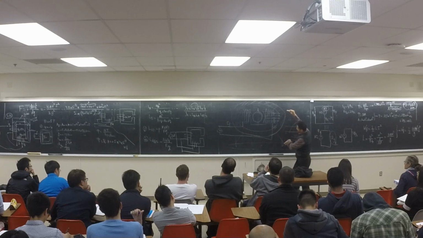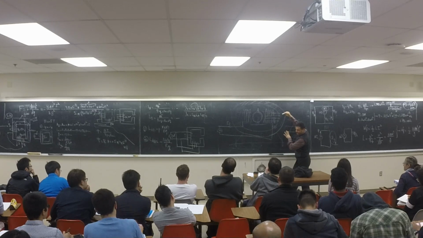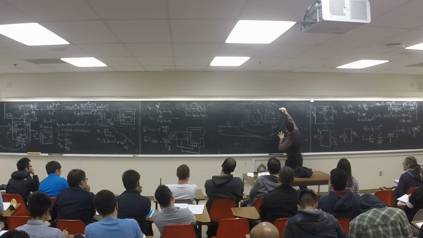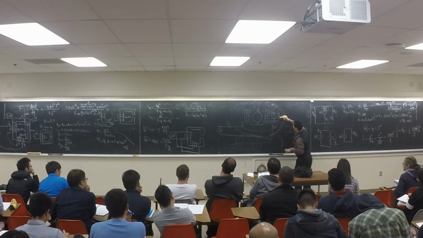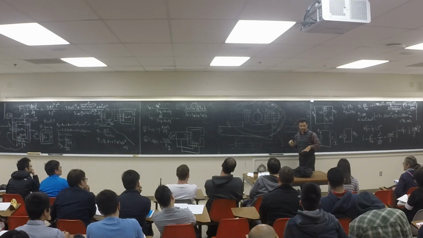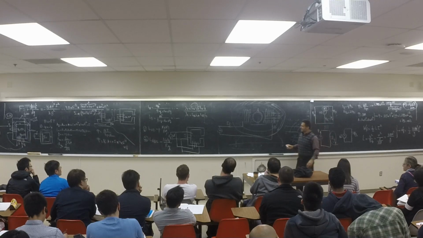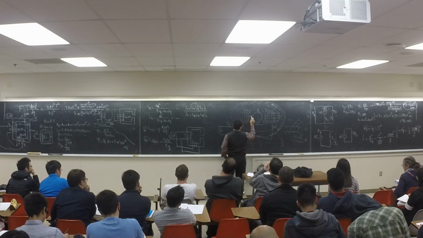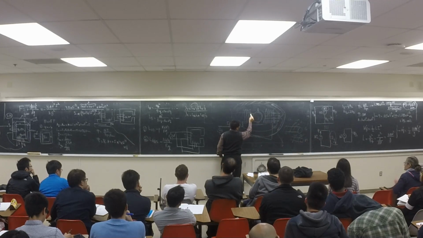If the circuit is symmetric, which it is, half of that is going to go this way, half of that is going to go this way. Here, the flux is going to be radial.